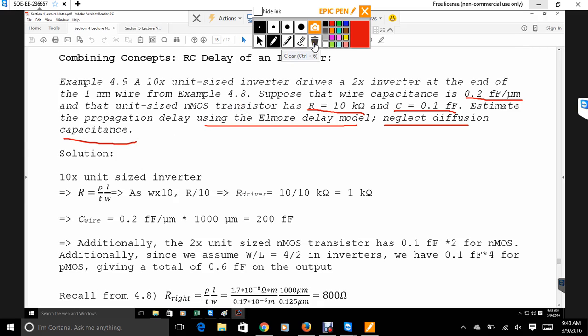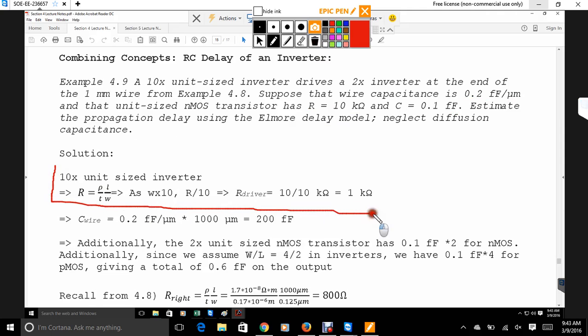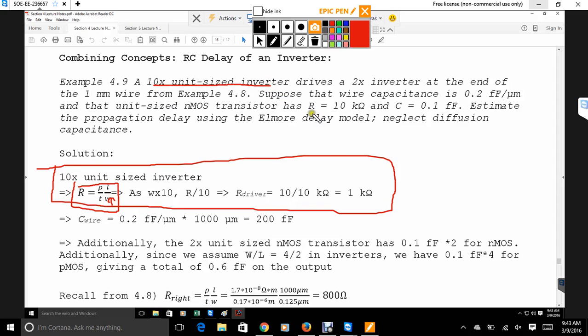Here's what's happening. We have a 10x unit inverter. We put in our resistance here, and then we're increasing our width by 10. We have a resistance of 10 kilo ohms.